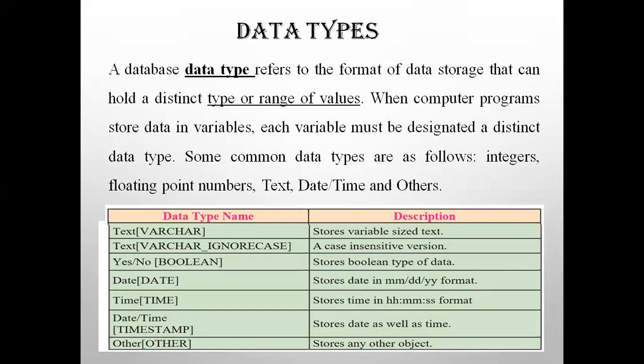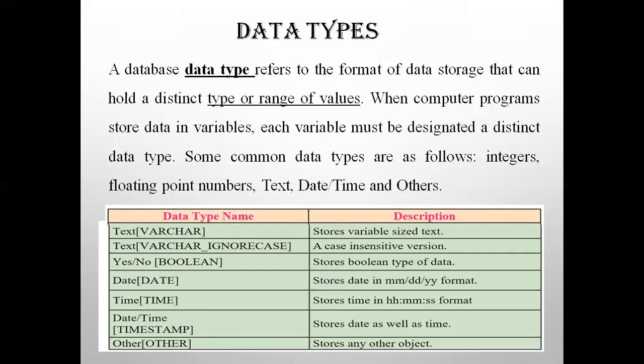When computer programs store data in variables, each variable must be designated a distinct data type. An understanding of the types and when you should use them will help you create the tables for your database projects.